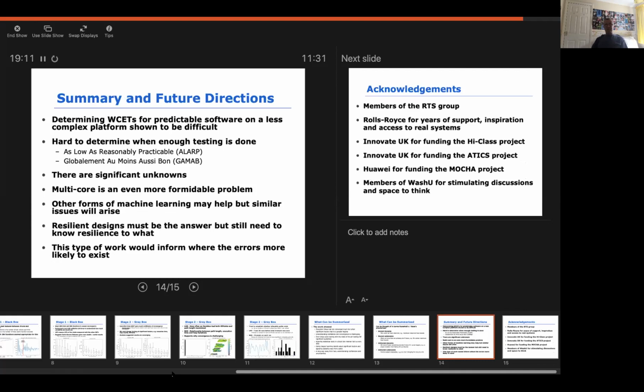So, summary and future directions: determining WCETs for predictable software on a less complex platform was shown to be difficult, but it's much harder to determine when enough testing is done. Notions that may be useful here are things like ALARP, as low as reasonably practicable, and the French equivalent. The message here is, could we learn more, as low as reasonably practicable?